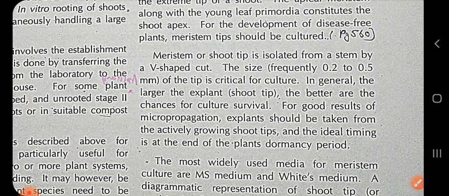The explant should be taken from actively dividing growing shoot tips, and also the ideal timing is at the end of the plant dormancy period. Now every plant has a dormancy period where the plant does not grow. At a particular time the plants grow.